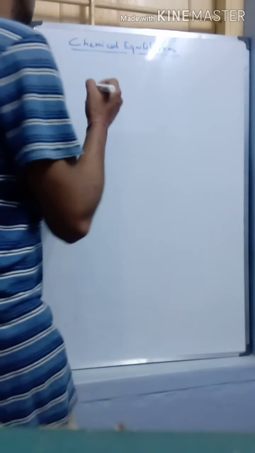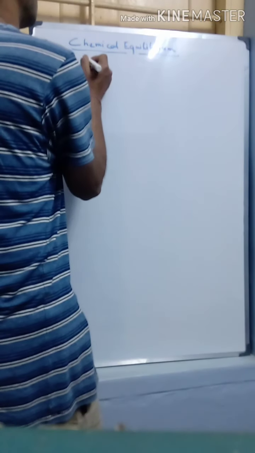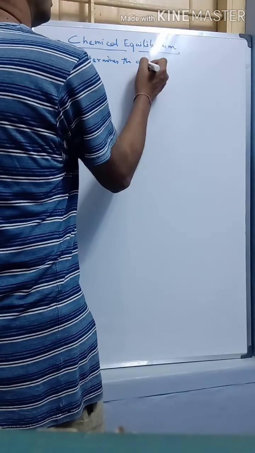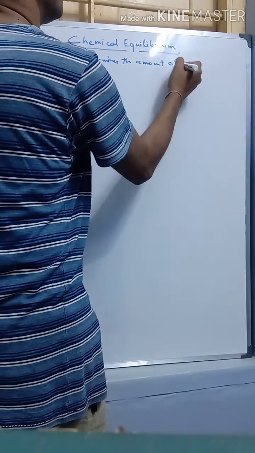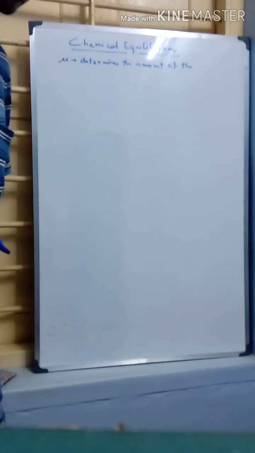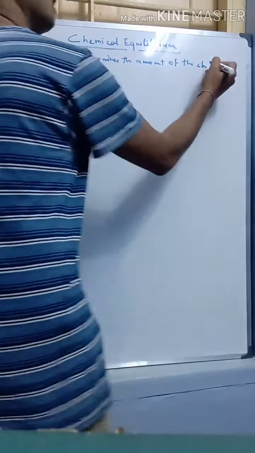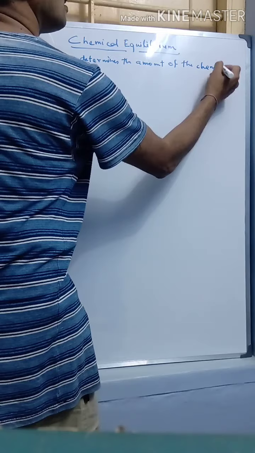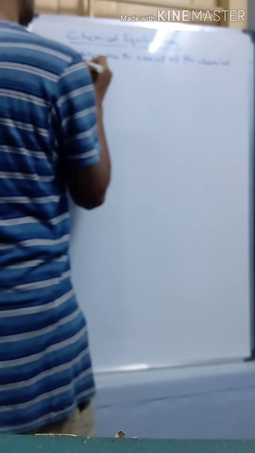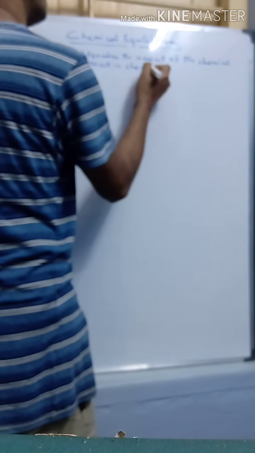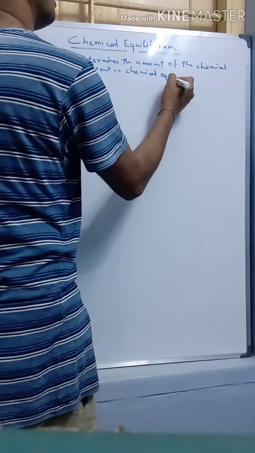Chemical potential actually determines the amount of the particular chemical present in a chemical reaction in equilibrium.